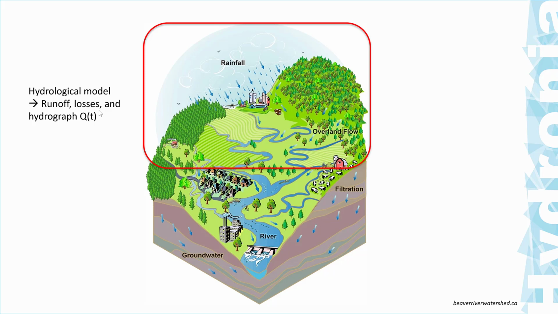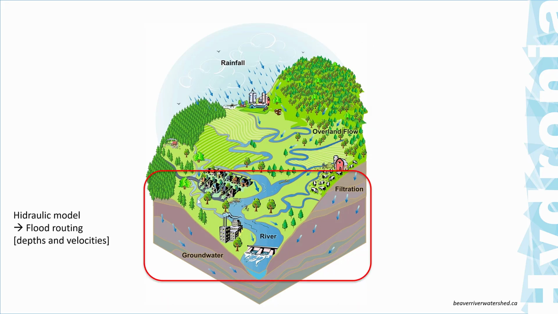So you apply a hydrologic model to determine runoff and losses for infiltration, and then you apply this to the watershed and obtain here in this lower part of the watershed an inflow hydrograph, where you apply a hydraulic model to determine maybe flooding on this urban area, etc. So it's a combination of two types of models, a hydrologic model and a hydraulic model.